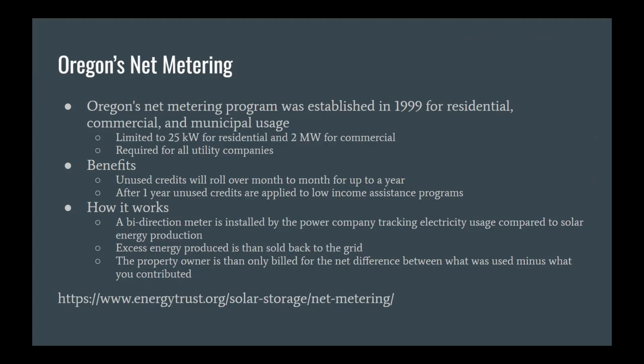Unlike a traditional meter, which simply measures how much electricity you use, this type of meter can track energy moving in both directions. It measures how much electricity your home or business consumes, but it also measures how much electricity your solar panels produce and sends back to the grid. This is beneficial for our systems and helps local communities.